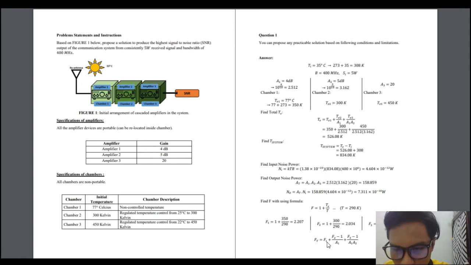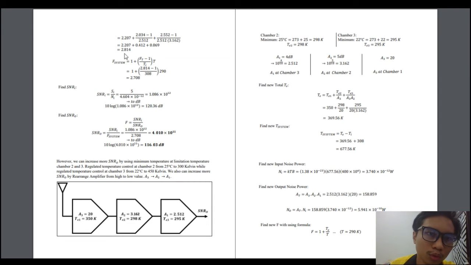For total F, we are using the formula, and we get 2.814. The F system is 1 plus, in brackets, FT minus 1, divided by the initial T, close bracket, and multiplied by T0 which is 280 Kelvin. So we get 2.708.